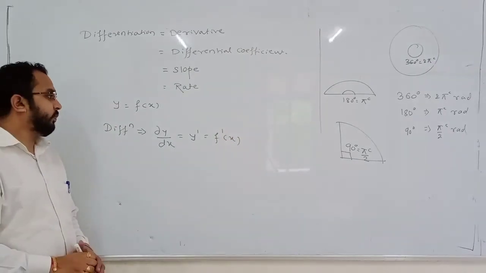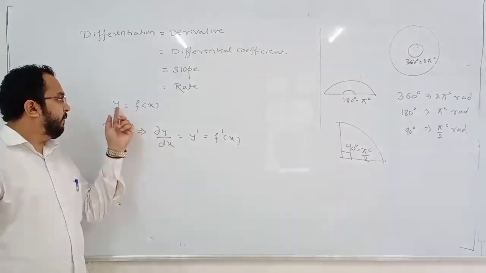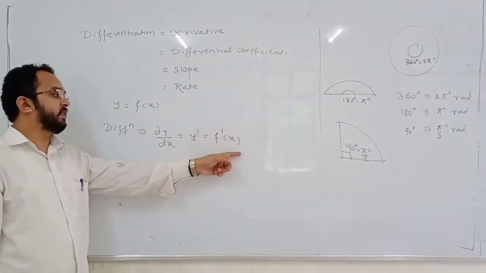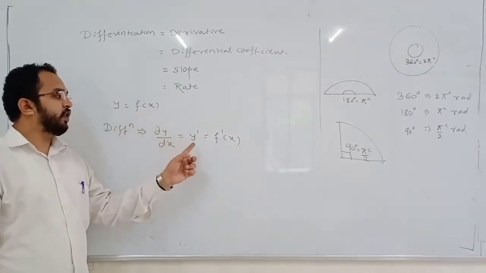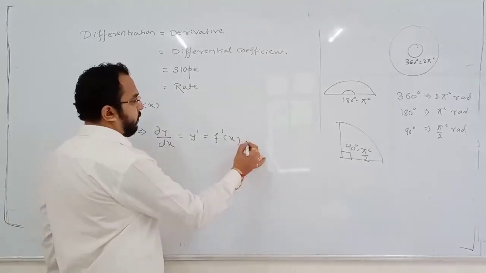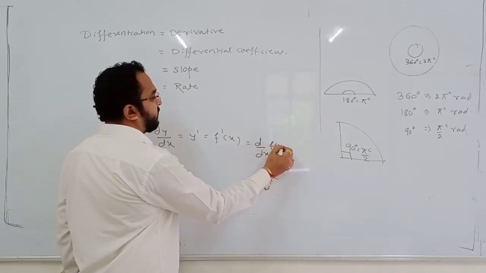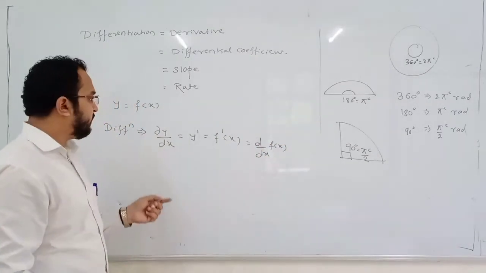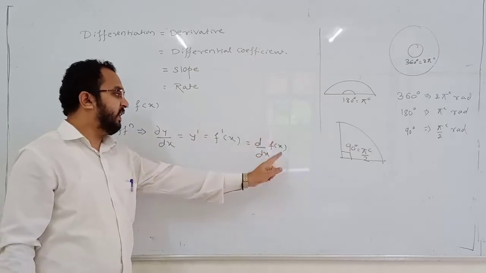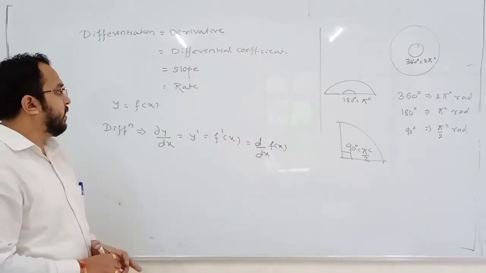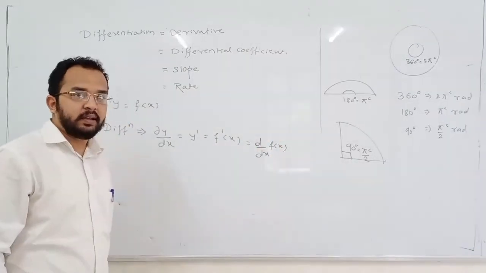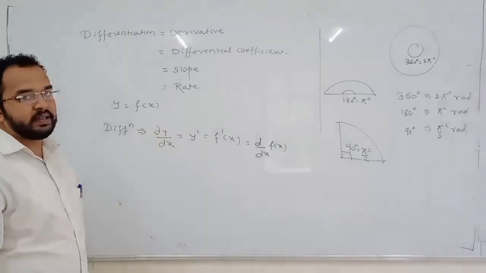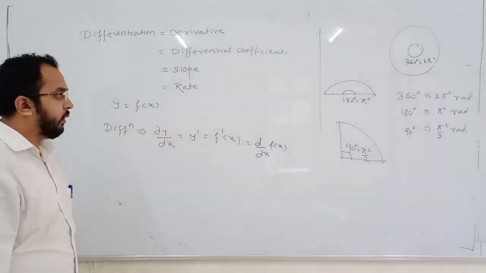So differentiation of y is dy by dx. It can be written as y dash. Also it can be written as f dash of x. That is, the differentiation of f of x is f dash of x. The differentiation of y is y dash or dy by dx, or d by dx of f of x. Just as differentiation of y with respect to x, similarly differentiation of f of x with respect to x. Both are the same thing. In short form it is called y dash, or f dash of x. Okay? So very important, the meaning of everything is the same. Don't get confused if this symbol comes, or that symbol comes. Everything is the same. It is just differentiation of whatever function is given. Okay?